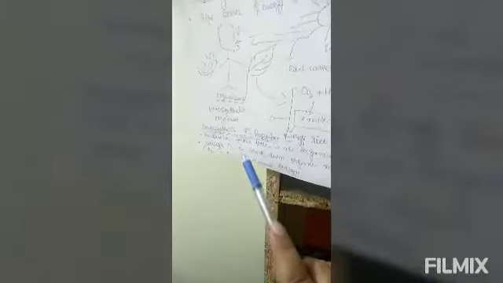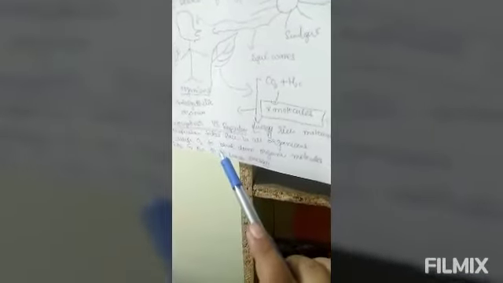Respiration takes place in all living organisms. It utilizes oxygen to break down organic molecules into carbon dioxide and water to release energy. So what respiration is doing, it utilizes the environmental oxygen and converts it into simple molecules like carbon dioxide and water.